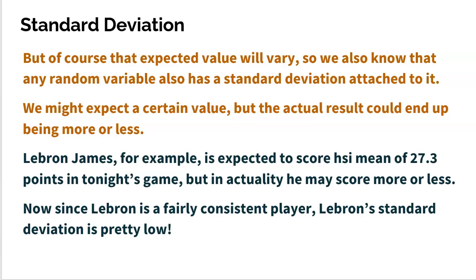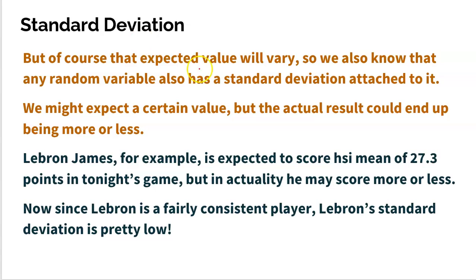Now, since LeBron is a fairly consistent player, we would probably assume his standard deviation is pretty low, whereas a player who is very inconsistent, sometimes he scores 0 points, sometimes he scores 60 points, that's going to be a very large standard deviation. But LeBron being a very good basketball player, he does typically score in the upper 20s, so he's actually going to have a very low standard deviation. But with any mean comes a standard deviation as well.